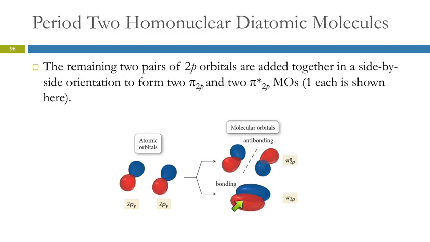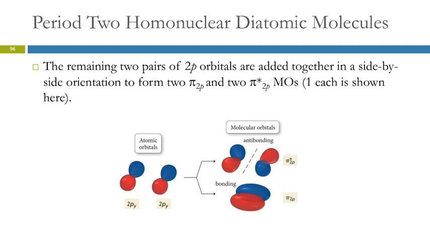The bonding orbital, you're going to get this big red lobe here and a big blue lobe over there. But the density is between the nuclei, and so this promotes bonding. When you add them together out of phase, or you could think of that as subtracting them, you end up with a big old node in the middle and lobes on the other sides of the nuclei. This is an antibonding orbital.